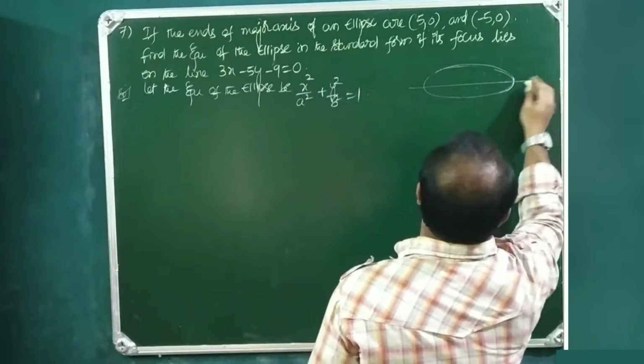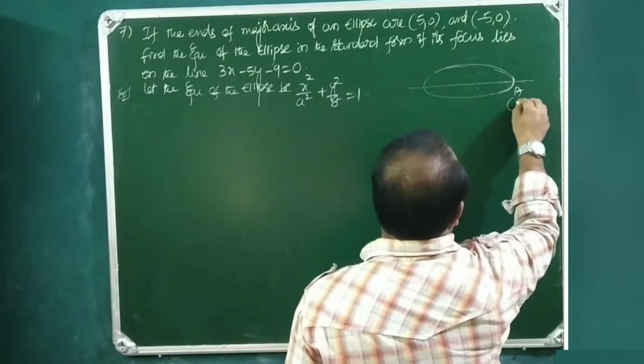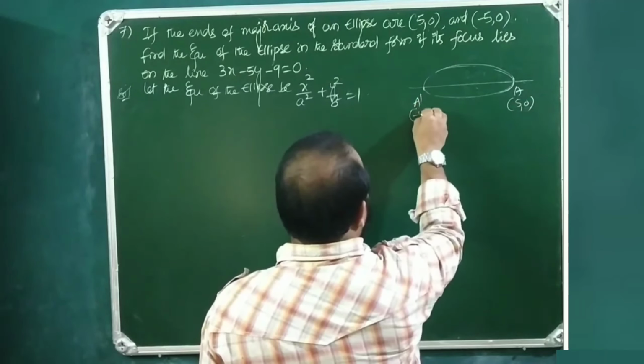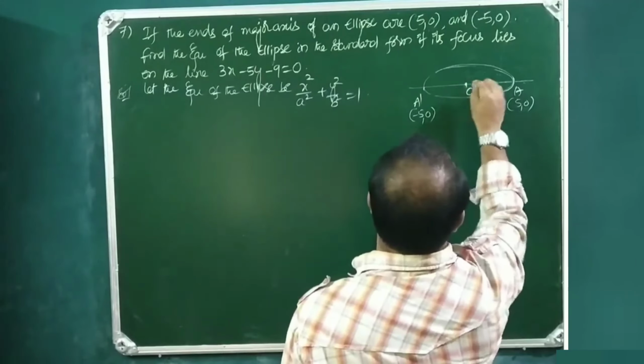And this (5, 0) and (-5, 0) is given, and let us take the origin to be the center of the ellipse.